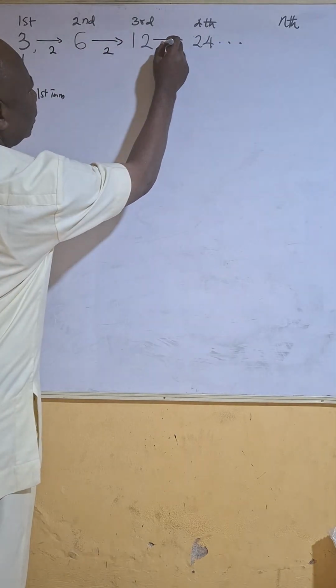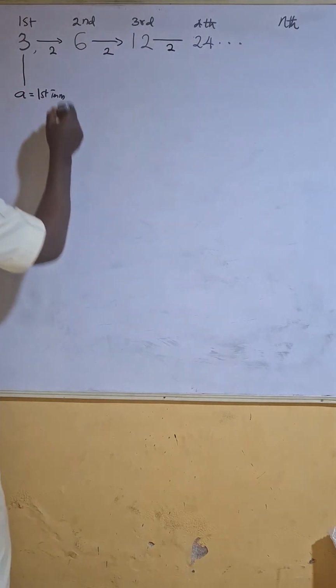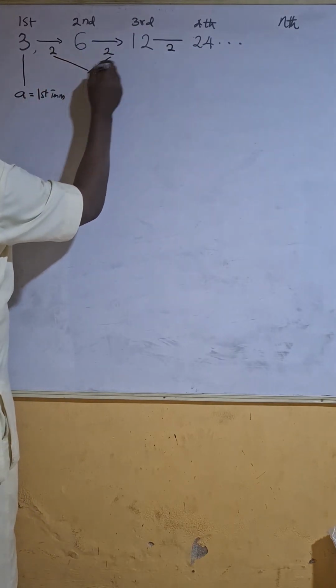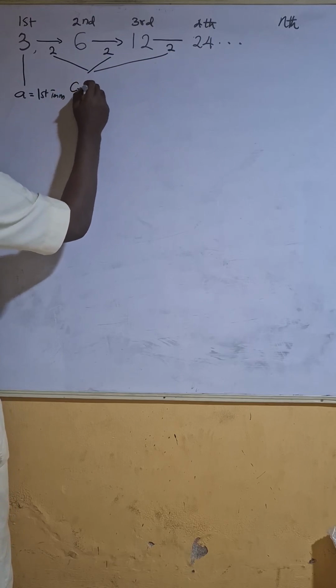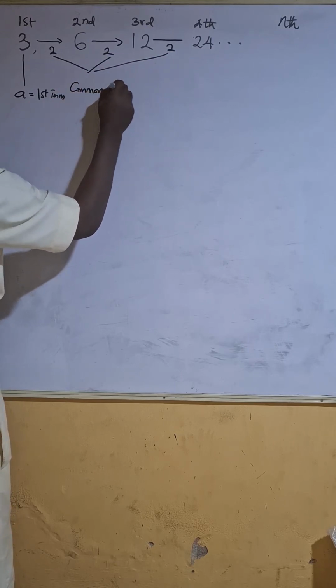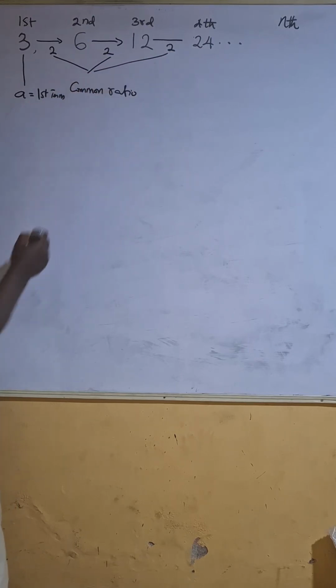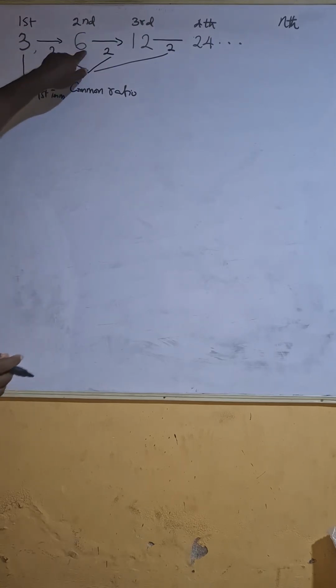Relationship between this and this is 2. So this 2 is what we call the common ratio.